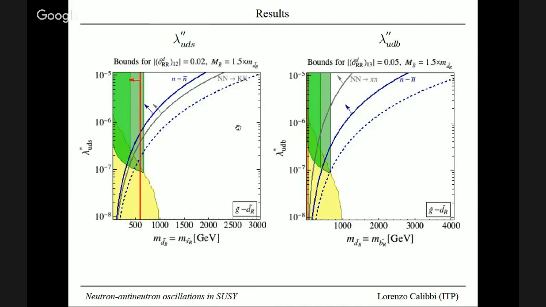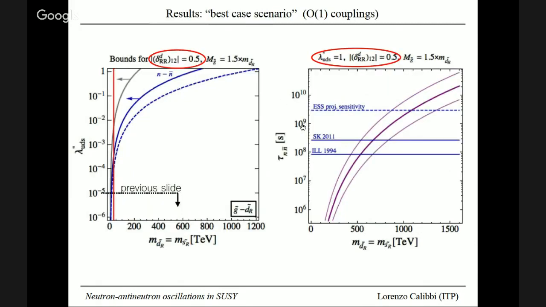our squark masses. And if we go to an extreme case, if we take even order 1 couplings for the baryon number violation and order 1 flavor violation, the situation becomes like this. This is now in TeV.